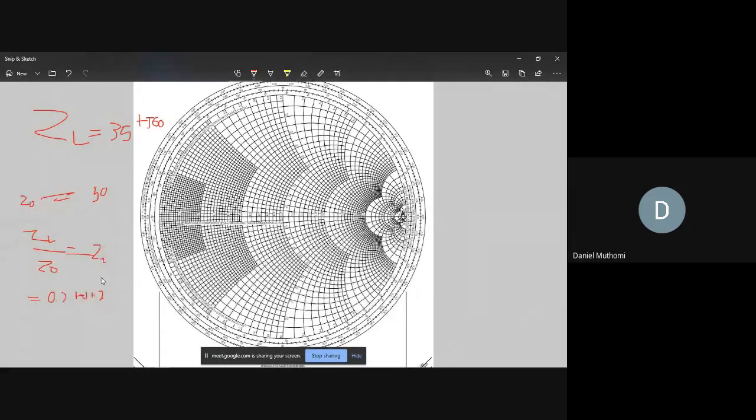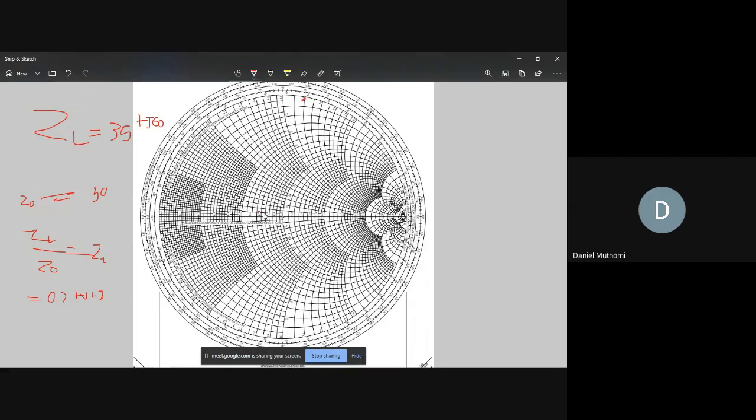So the 0.7 is the resistive part. You come to this straight line here, and you look for the full circle around 0.7. Then plus J 1.2, you come to your arcs over here, and 1.2 is at this point.